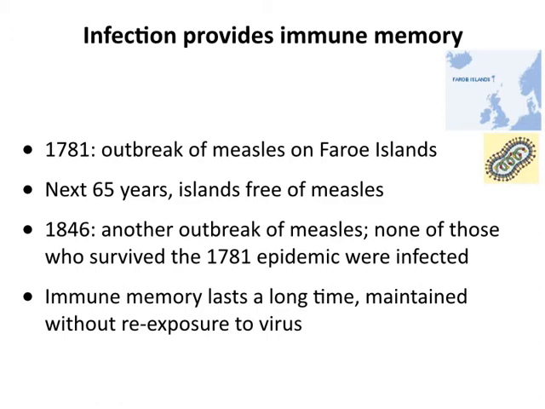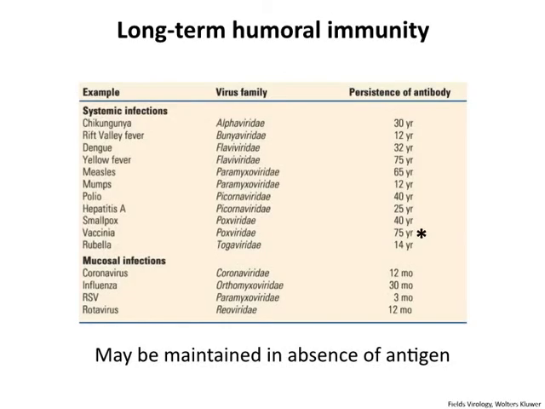There was another outbreak in 1846, so by then there had been enough new susceptibles born, and they didn't encounter measles because it wasn't brought into the country. None of the individuals who survived the original epidemic were infected. So this is a long time, 1781 to 1846. That's immune memory, and there was no measles virus on the island because there were no other outbreaks. So it's an interesting experiment that shows you don't have to have re-exposure to antigen.